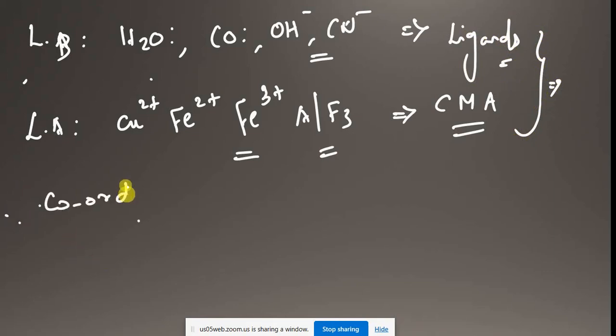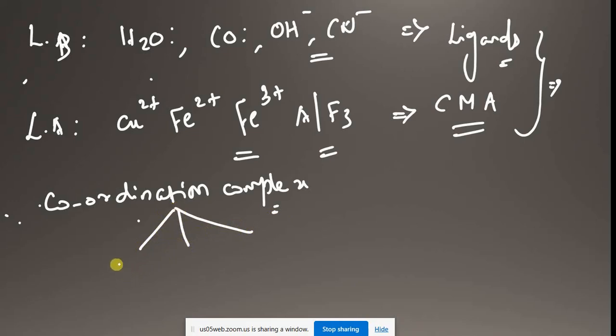Okay, now coordination complex. This can be divided into three types. One is positive complex, another one is negative complex, another one is neutral complex. Any guess how we can identify the coordination compounds as positive, negative, and neutral?